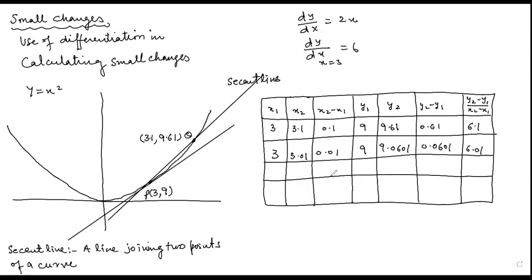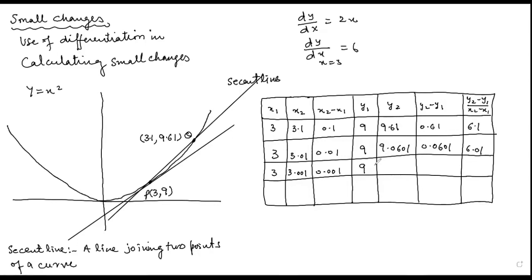Now we will move point Q more close to point P, and the x coordinate of point Q is 3.001. The x coordinate of point P is the same, that is 3. Now x2 minus x1 is 0.001. y1 is the same.